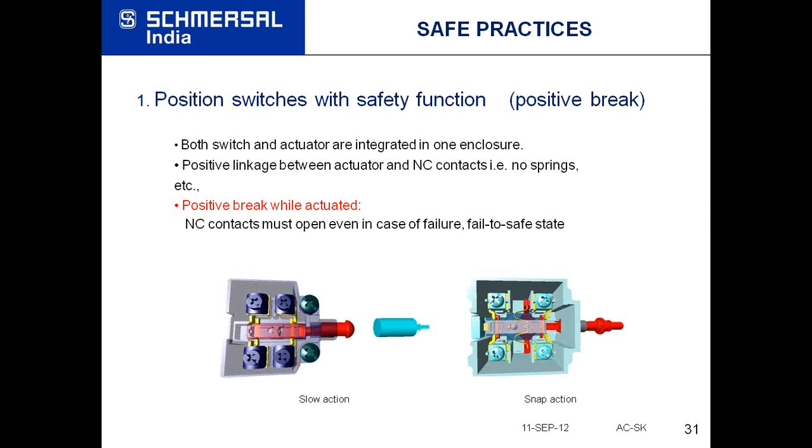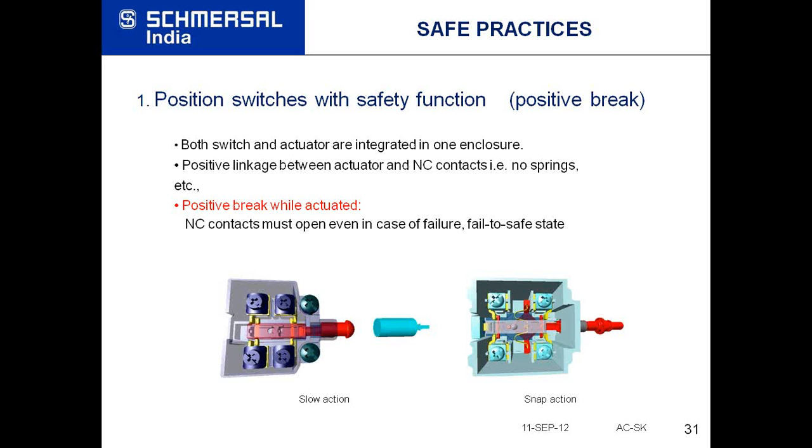This force is actually opening the NC contacts. There are no springs attached for opening of this NC contact. So if you have applied the force, the NC contacts will break open, and since they break open, they give us the command to stop the machine.